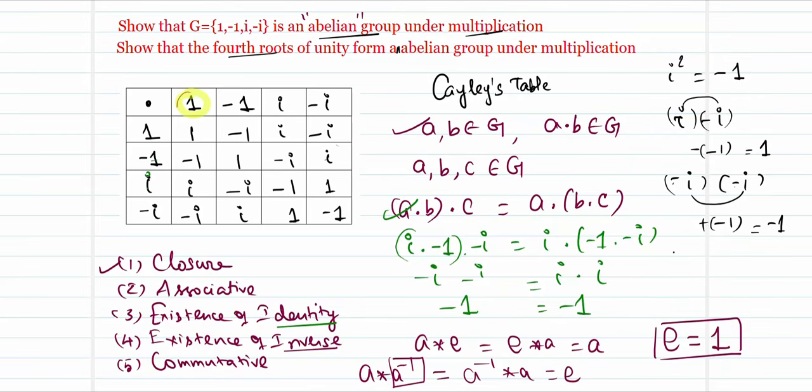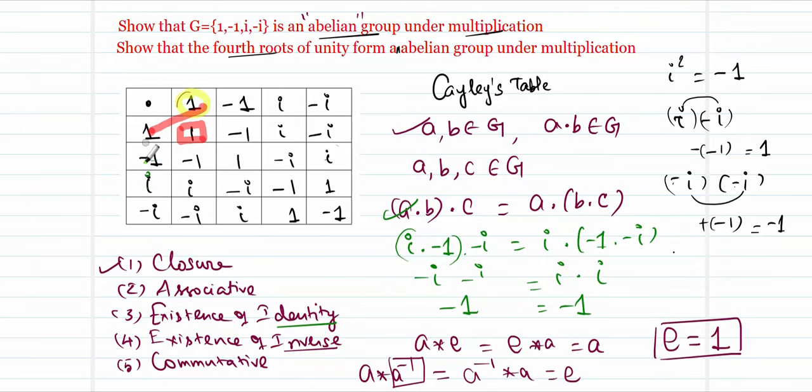My answer is over here. So if my answer is equal to 1, 1 on multiplying with what gives me 1? 1 on multiplying with 1 gives me 1. So what do you say about the inverse of 1? The inverse of 1 is going to be 1.